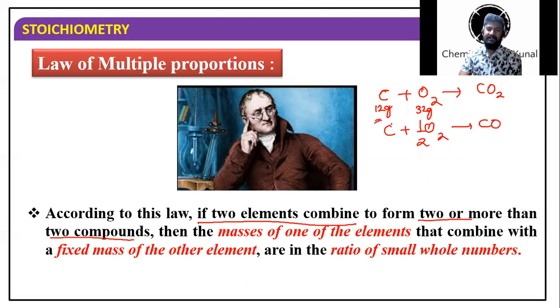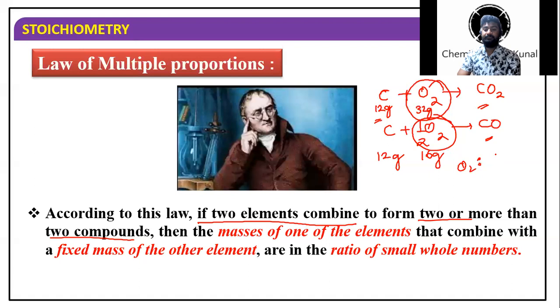When 12 grams of carbon reacts with 32 grams of oxygen, and the same amount of carbon reacts with 16 grams of oxygen, we get two different products, CO2 and CO. The element which makes two different kinds of compounds by reacting with a fixed mass of the other is in the ratio of a whole number. Meaning O2 from CO2 and O2 from CO have a fixed whole number ratio, 2:1. That means they talk about different possible compound formation.